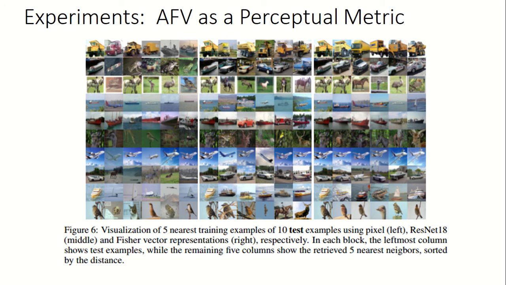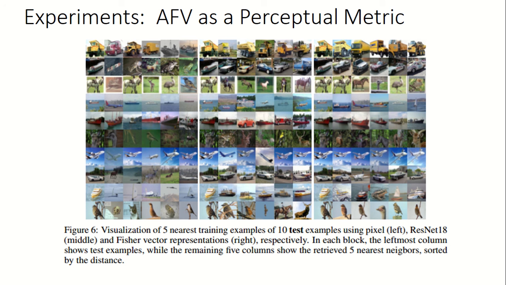So all of these things tell us that they are good representations, and they are aligned with our visual perception, so they are good for the image retrieval task. Here is the visualization of 5 nearest training examples of 10 test examples.